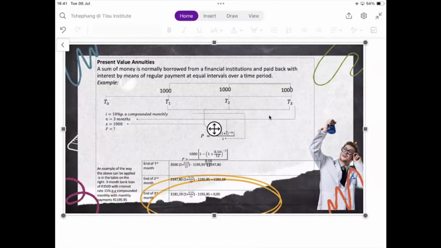All right. So with present value annuities, the lump sum exists now because you need the money now. So you want to start a business and you go to the bank to ask for a loan. It's because you want to start it immediately, right? Otherwise, if you want to start it maybe 5 years from now, what you want to do is save that money instead of requesting that loan.